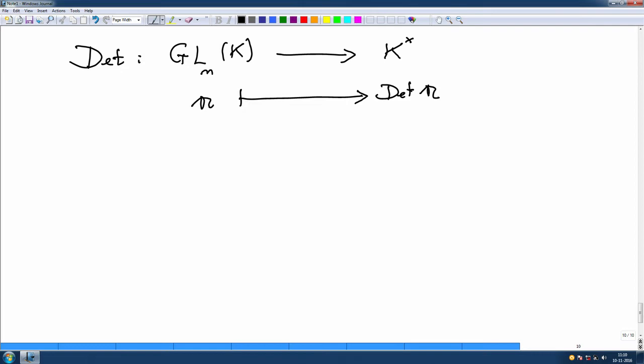We are in a field, that is important, and the product formula tells you this is actually a group homomorphism. And whenever you have a group homomorphism, you can talk about the kernel, image, isomorphism theorems and so on.